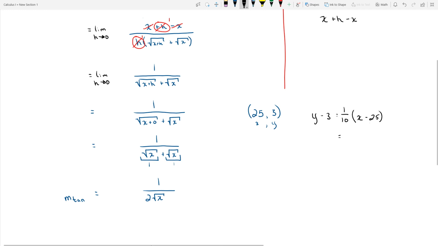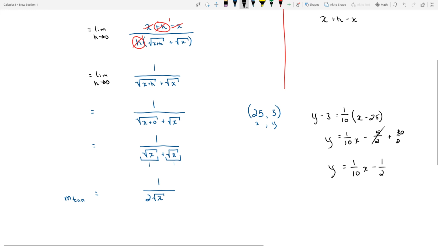So then we end up with 1/10 x, and 25 over 10 is 5 halves, so minus 5 halves, and then we would add 3 to both sides. So we'd have y is equal to 1/10 x minus 5 halves plus 6 halves, which is actually just 1/2. Sorry about that. So we have 1/2.